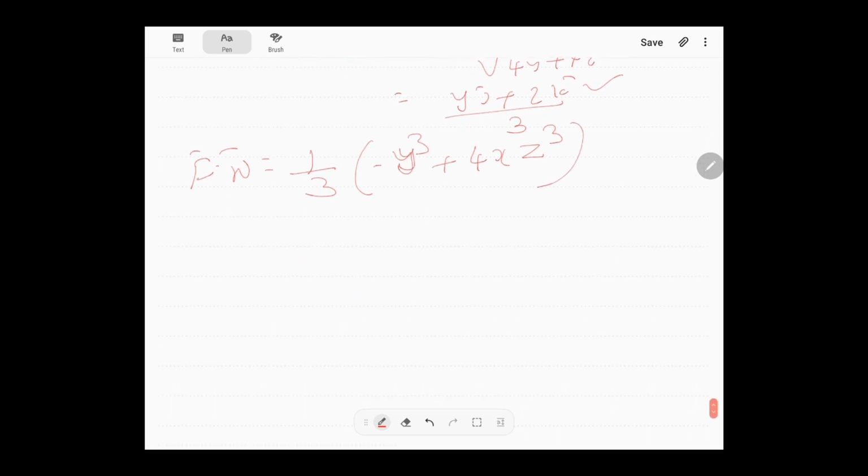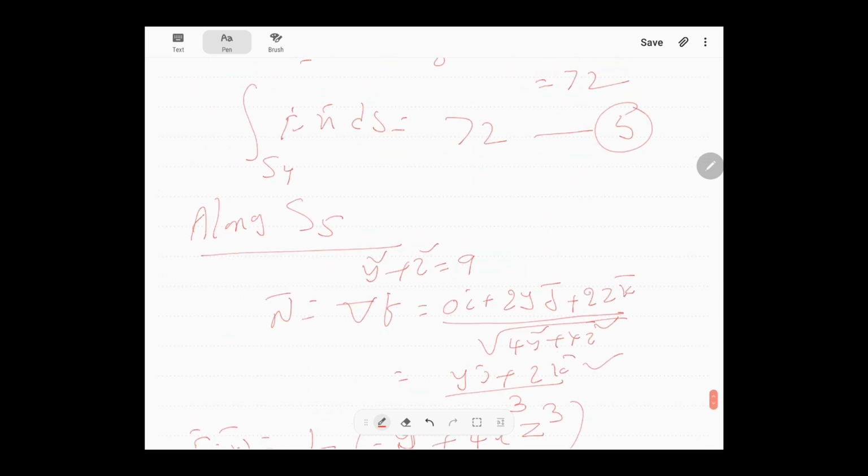Now we need to take the projection of this. Therefore, the integral over S5 of f bar dot n bar ds is the integral over S5 of 1 by 3 times minus y cube plus 4xz cube into dx. This is a double integral. I need to write this double integral as dy dx or dx dy. That is to be decided now.